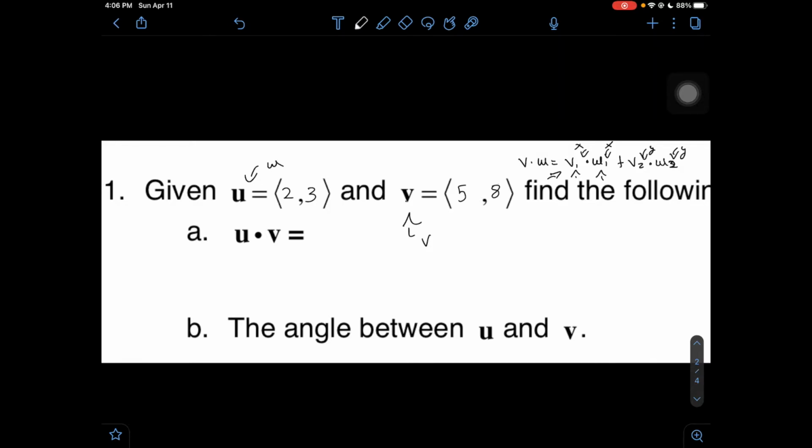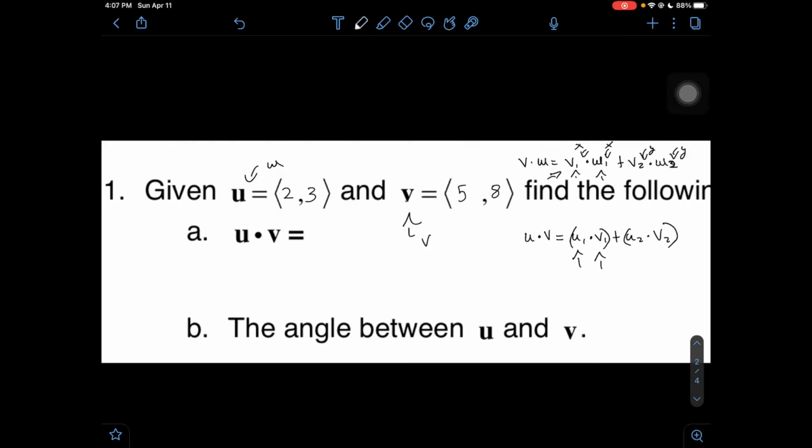So we're going to have u times v equals u1 times v1 plus u2 times v2. That's how we are going to answer problem A. As we said before, the parts which have a subscript of 1 are representing our x values. So we're going to take the x value from our u vector and our v vector and substitute it in for u1 and v1.